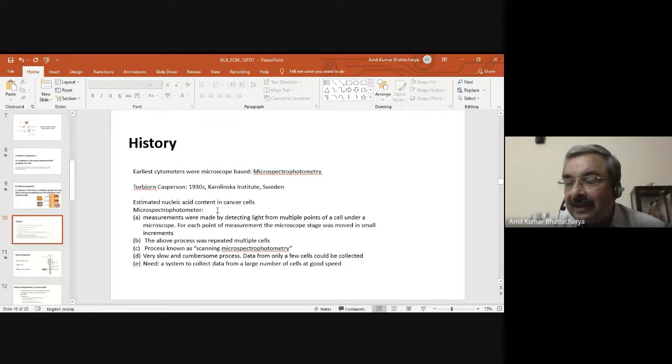He found that the nucleic acid content was different in the cancer cells, and he felt that there must be something like nucleic acids which decide that the cancer cells are genetically different from normal cells. But that's how the subject of looking at one cell at a time started.